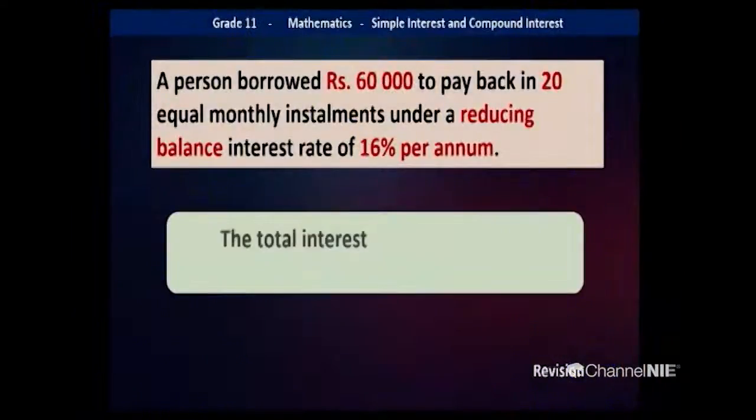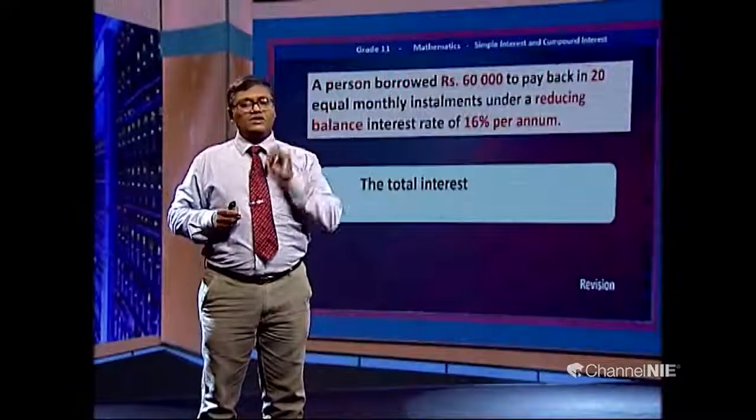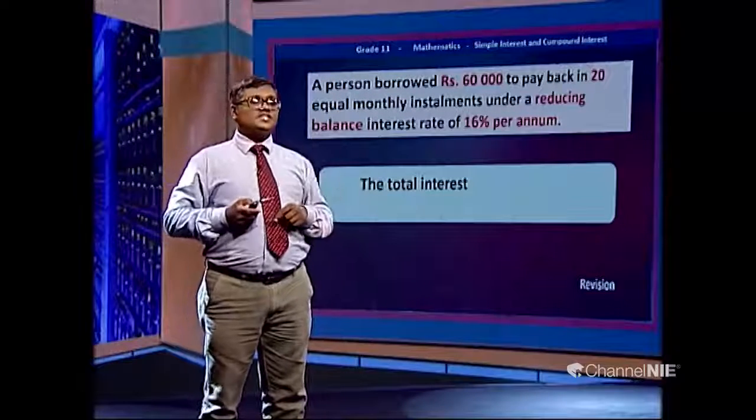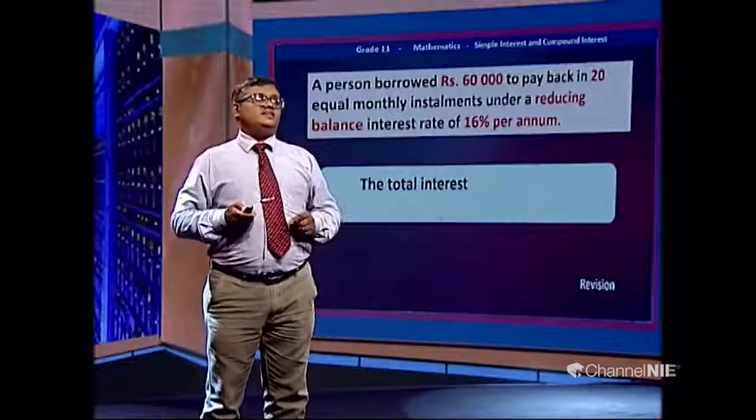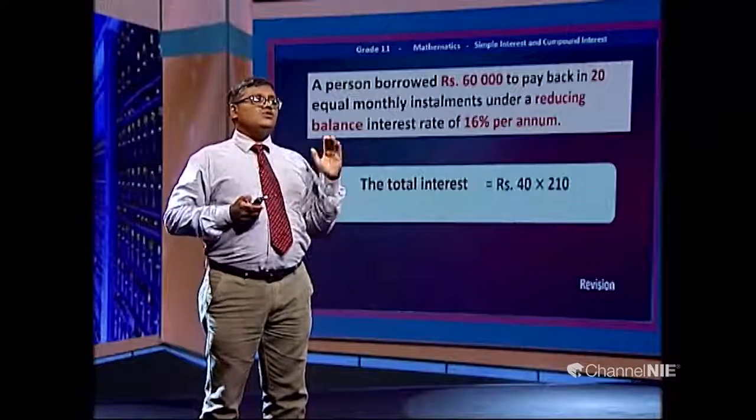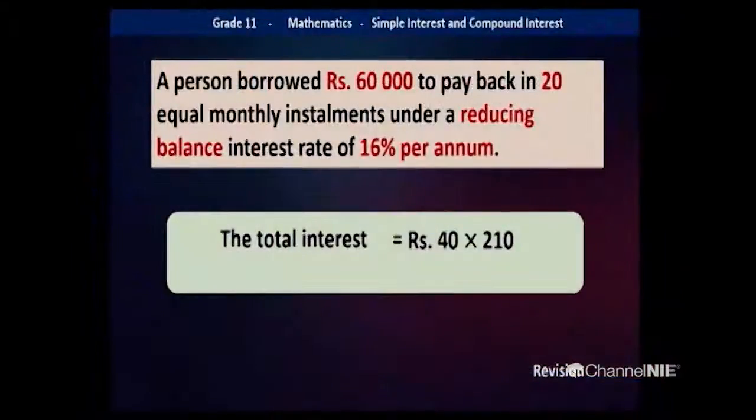Then we can calculate the total interest. In this question, we don't want to go for the total value of a monthly installment. We have to stop at the total interest, because the combination is given from total interest. The total interest is 40, meaning interest for a monthly unit, multiplied by 210.